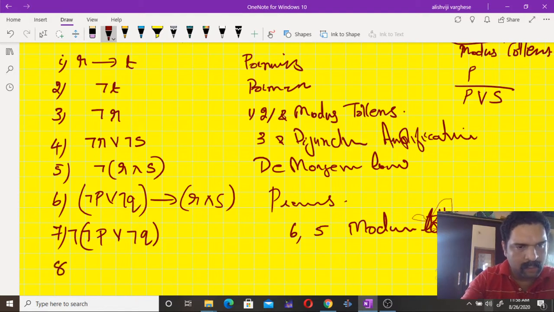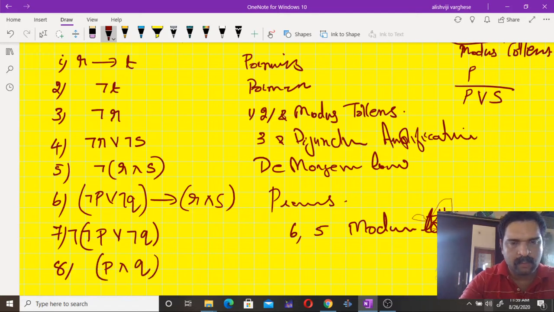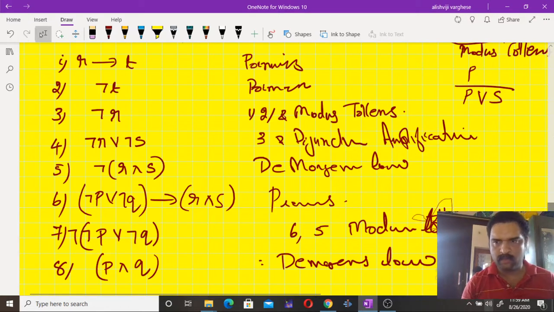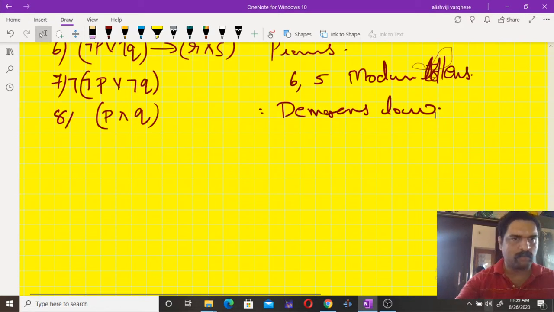So that is again using De Morgan's law. If we rewrite it as P and Q, that means again De Morgan's law, and therefore if we have P and Q, then obviously P is true.